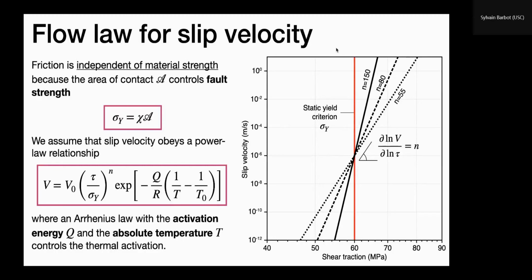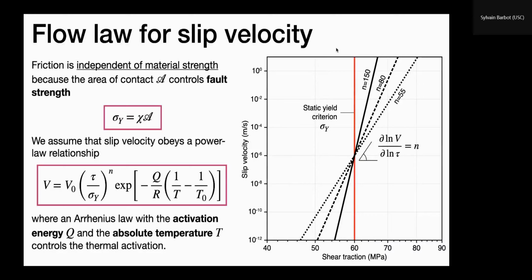So the larger the area of contact, the more the frictional resistance, right? And that's this first equation. The yield strength, sigma y, is proportional to the area of contact. But this proportionality coefficient is not random. It is the material hardness again. And so that happens to be important. We will see later why.